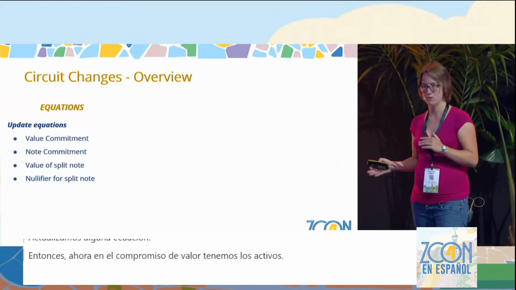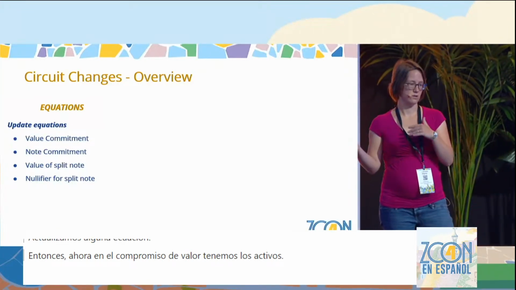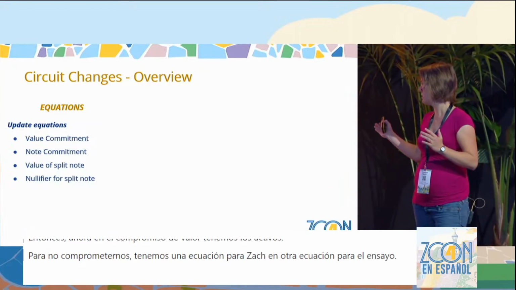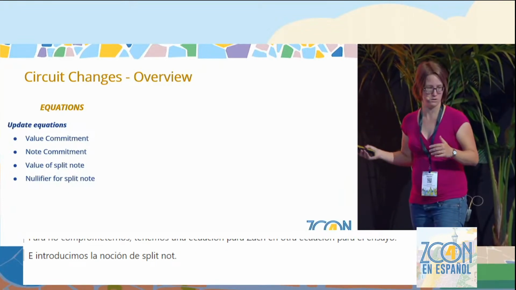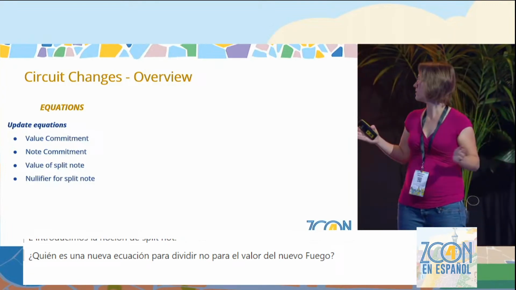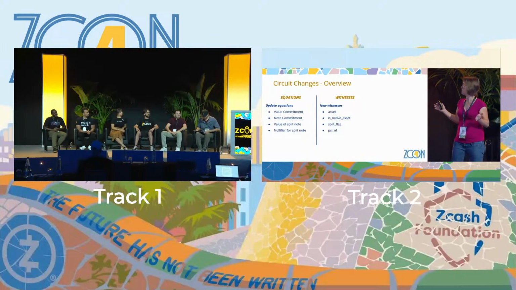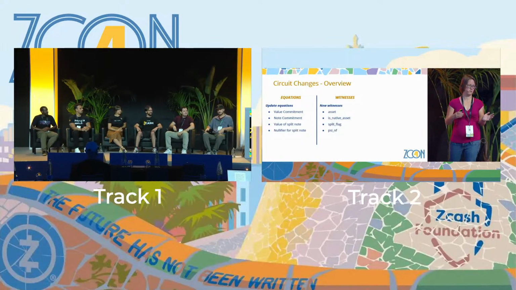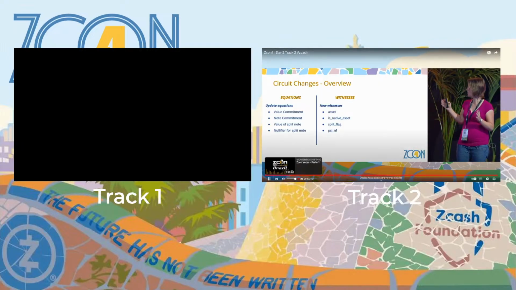For note commitment, we have one equation for ZEC and another equation for ZSA. And we introduced the notion of split note, with a new equation for split note for the value and the nullifier. To be able to evaluate those new equations, we need some new private inputs, witnesses. We need the asset to evaluate value and note commitment. We need a Boolean variable.